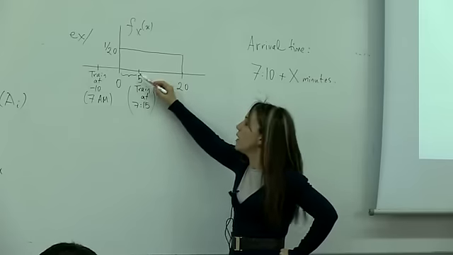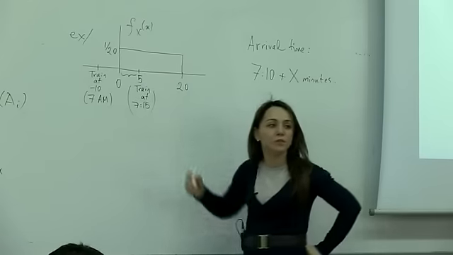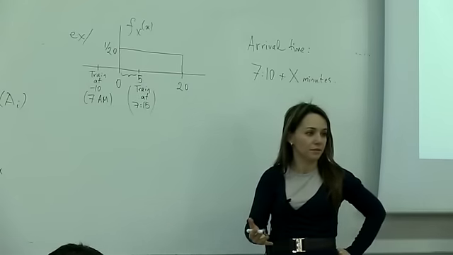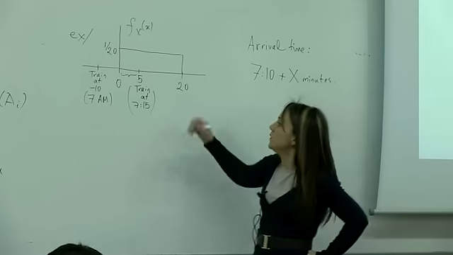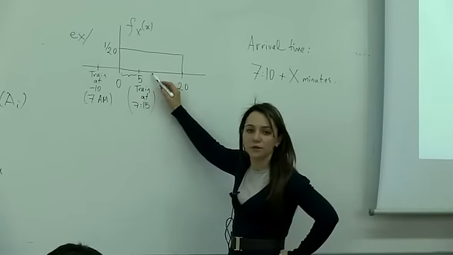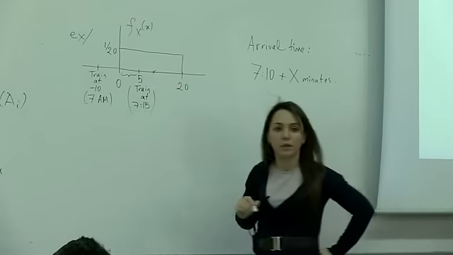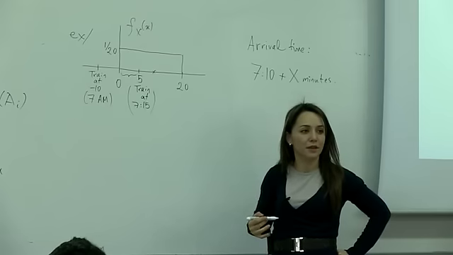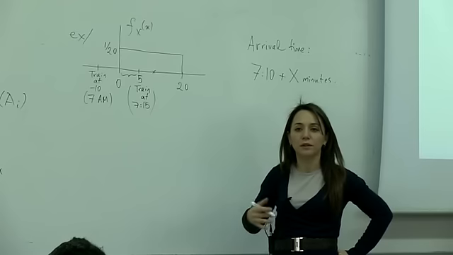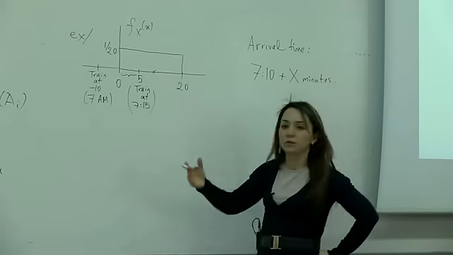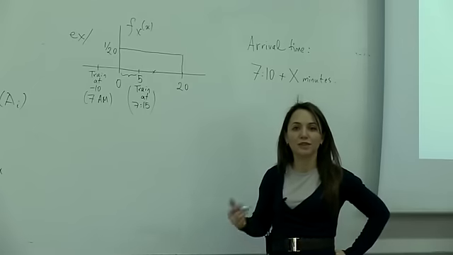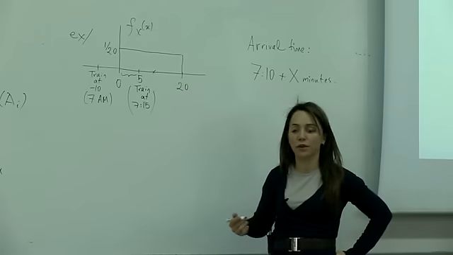In that case, my waiting time for the train is bounded by 5 minutes. Right? If I arrive later than 7:15, however, if I arrive somewhere here, for example, my waiting time this time can be anywhere between 0 to 15 minutes. Because the next train is at 7:30.